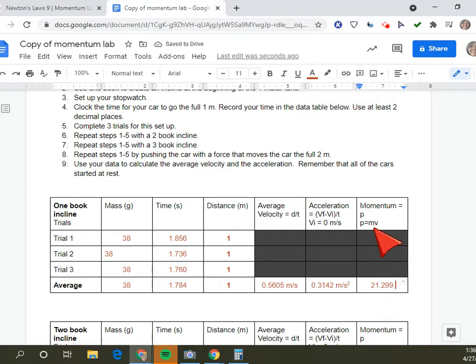We had to do mass, so we had grams, and we multiplied by velocity, meters per second, so grams meters per second. So for every second, there's going to be this much force. Momentum is a force that we're putting. So now, one little car can produce this much momentum.